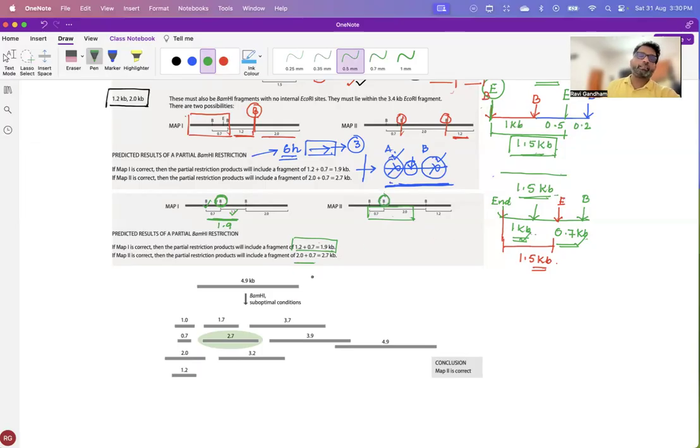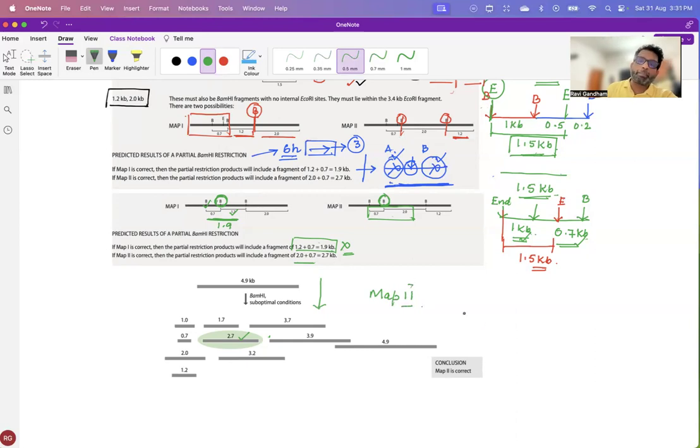So now you digest it, and after digestion, let us say we got a 2.7 fragment and we did not get a 1.9 fragment. Now this confirms that our map 2 is correct instead of map 1.